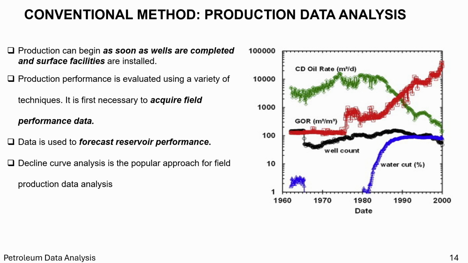Was permeability lower than expected? Is water encroachment stronger than expected? Is there completion damage? Is pressure support weaker than expected? So production data analysis is like listening to the reservoir after the field begins to speak through rates and pressures.